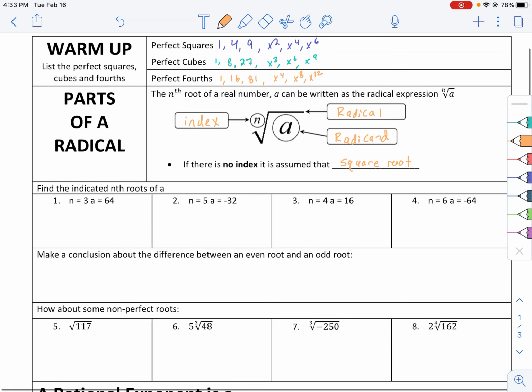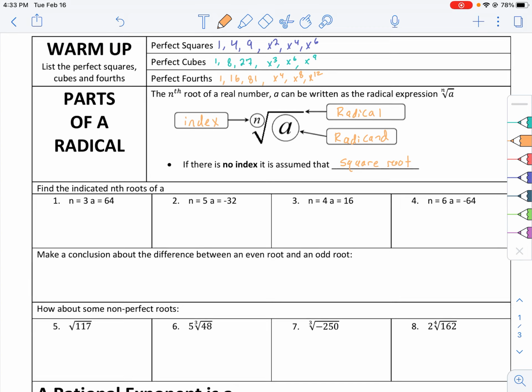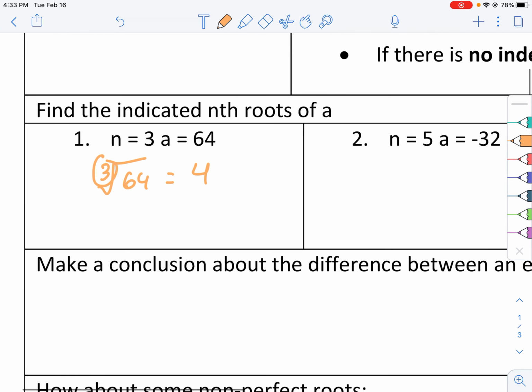All right? So, it says find the indicated nth roots of a. So to do this, this is saying the cube root of 64, because the n is 3, the radicand is 64. This value is going to give us 4. If we needed to plug this into our calculator, there is a way to type this out, but what I like to do is I like to just take 64 and raise it to the 1/3 power in our calculator.